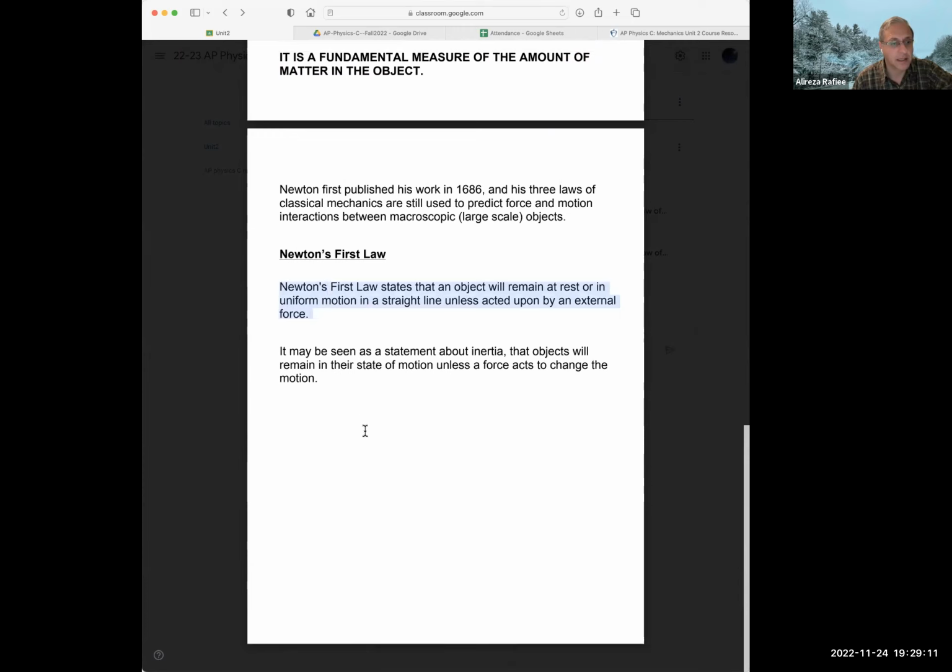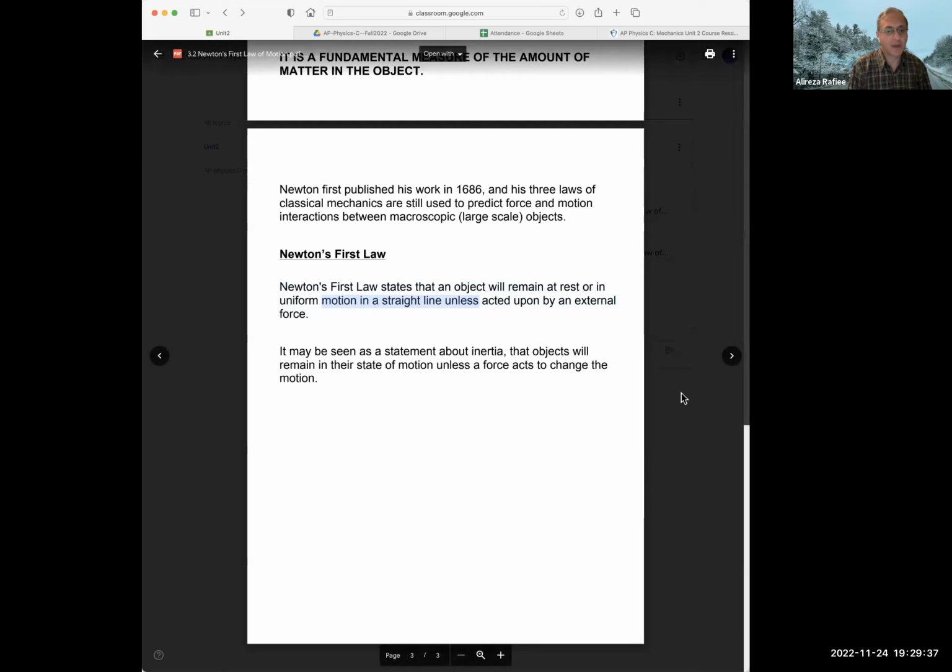If there's no force exerted on an object, then the object remains at rest or moves with a constant speed. So the object will remain at rest or in uniform motion if there is no external force acting on it. If there is an external force, then the object will not remain at rest or at a constant velocity.